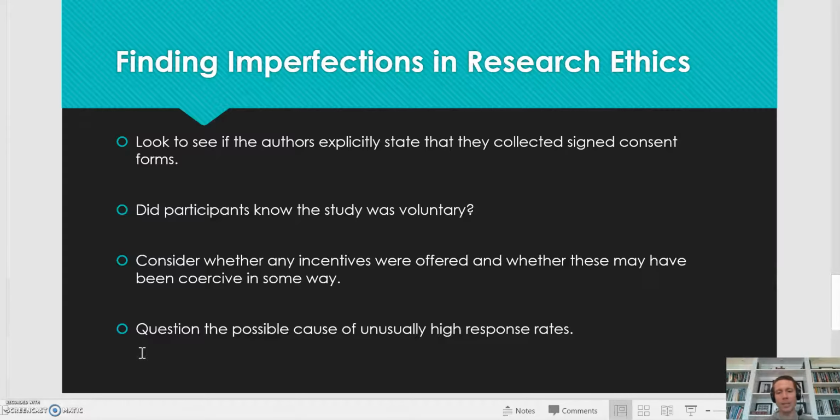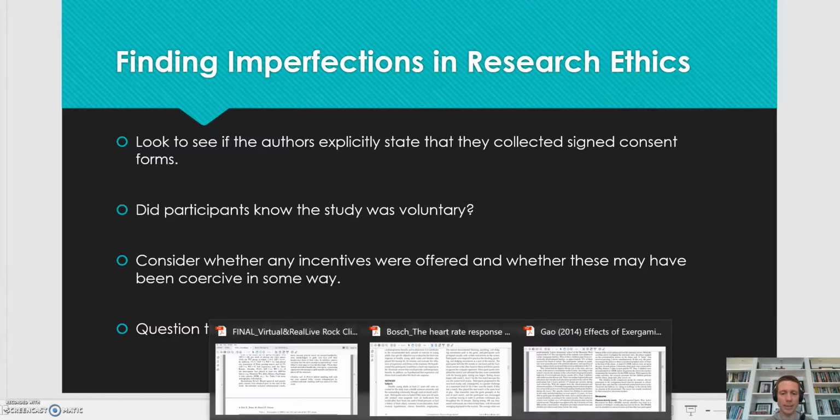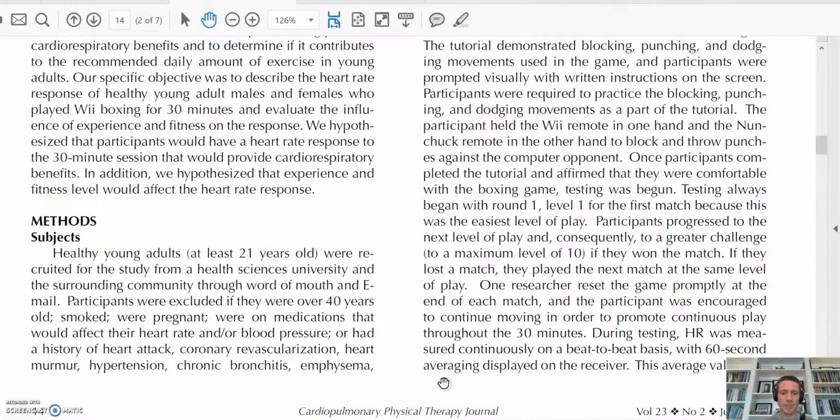So especially for survey research, depending upon how it's conducted, you're looking at a typical 15-20%. If you're seeing 95-99%, then it's potential that it was a vulnerable population that was coerced or required to respond or participate in the research. So let's look at some examples here of a methods section.